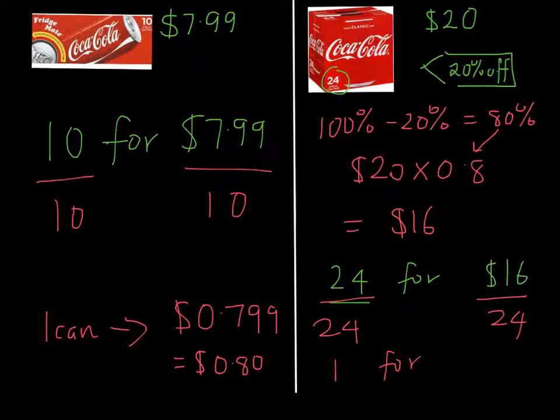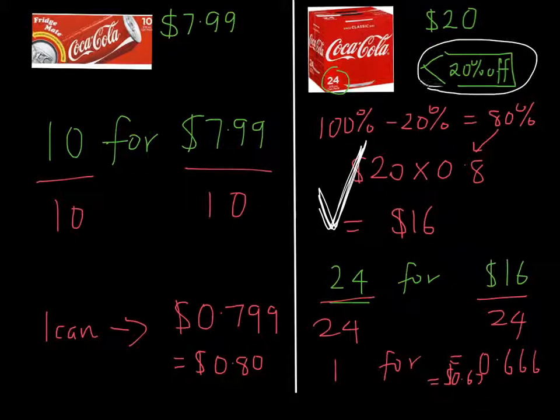It is equal to 0.666 recurring, which rounded off is 67 cents per can. You can see in this case that the 24 pack is the better buy. This is actually only because of the 20% discount, and sometimes you may be asked to have a discount included when working these out as well.